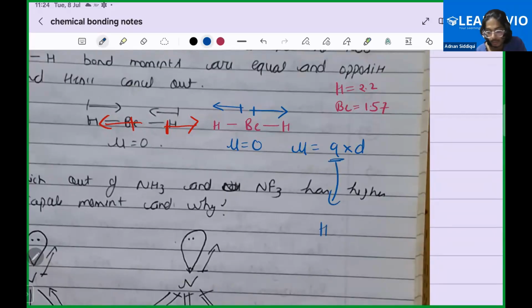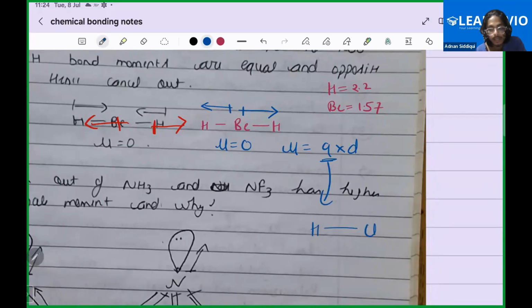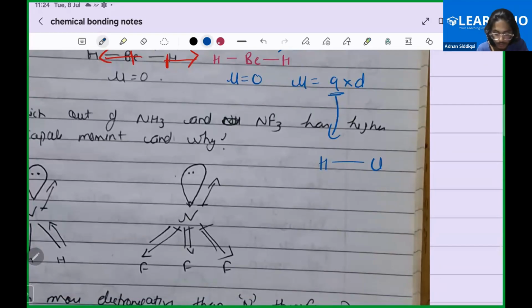This charge is arising due to what? The electronegativity difference. Suppose there is a partial negative charge and a partial positive charge. Or let me use my fluorine because I know the value of it. Now the difference is coming out to be 1.8, right?